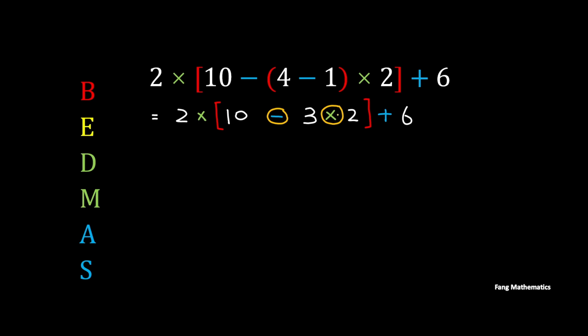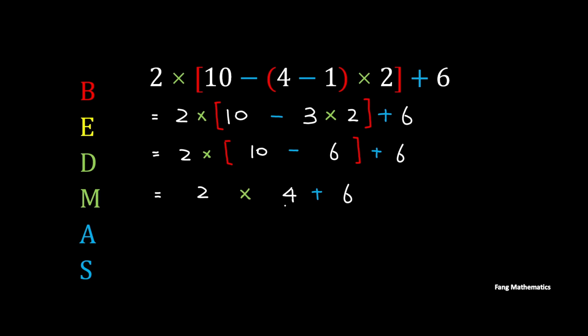Definitely it is the multiplication, which has the third priority. 3 times 2 should give you 6, and we copy everything else back. And remember, we are yet to remove the square bracket because something is not yet done inside it. We do the subtraction. So 10 minus 6 should give you 4. And we have removed the square bracket because everything has been done inside it.